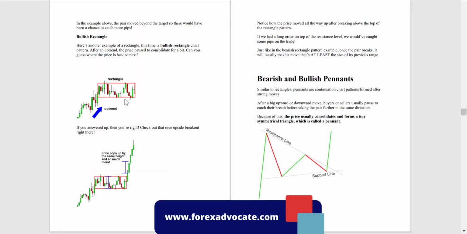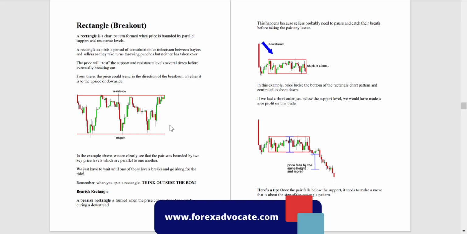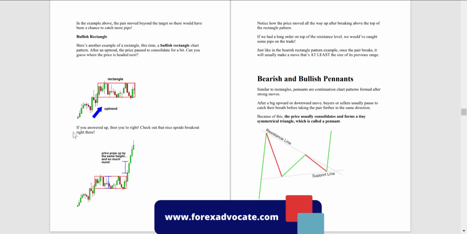With this distance, it has the tendency of moving that distance up. It's coming from up, it's coming down before, it forms this, and it moves down. It's going up before, it forms this, and it moves up again.